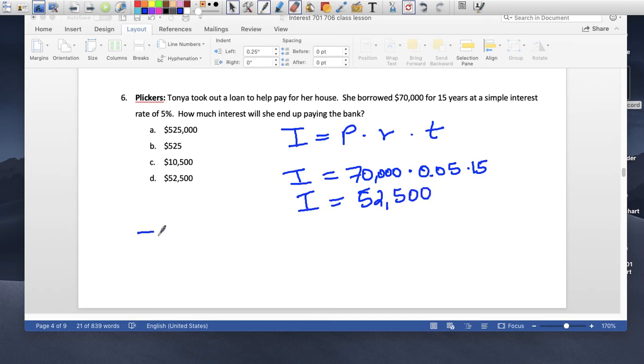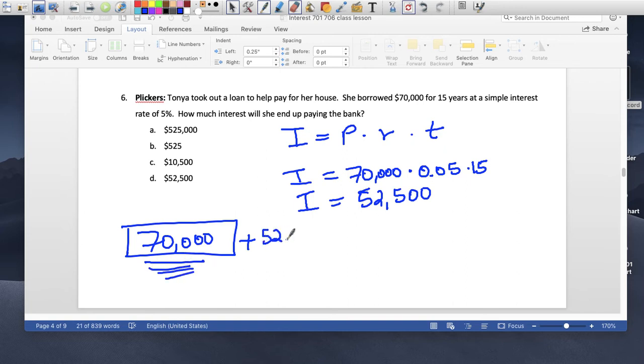So let me explain what that means. It means that you took 70,000 from the bank, right? But when you pay back the bank, you're going to have to pay this much back plus 52,500. Think of it as a penalty or something, because the bank has to make money, right?